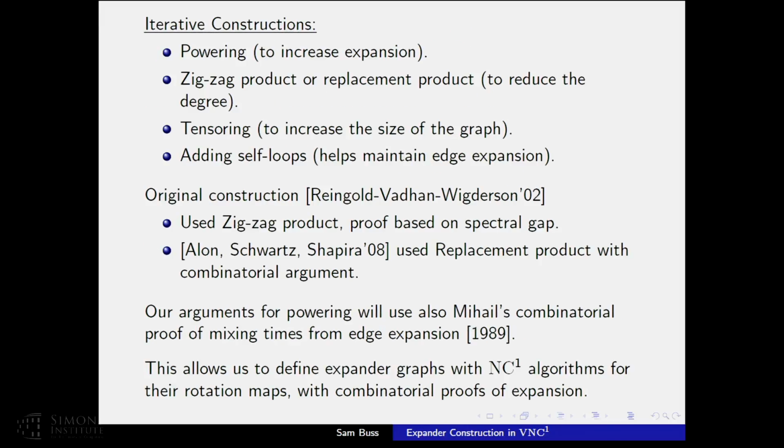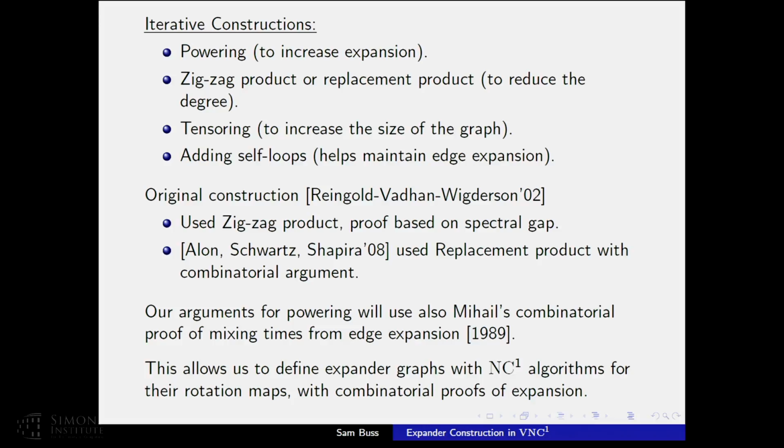Okay. And the usual construction, due originally to Reingold, Vadhan, and Wigderson, was based on the following types of methods. You do graph powering. Graph powering means you take short paths in the graph and treat those as new edges.